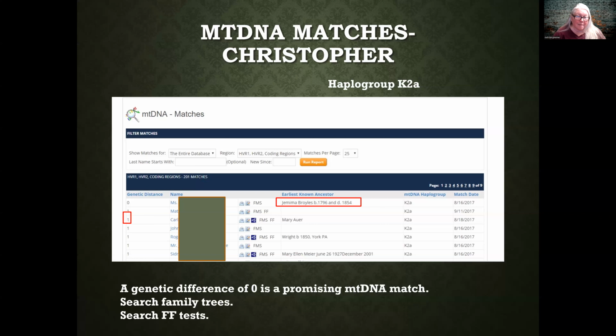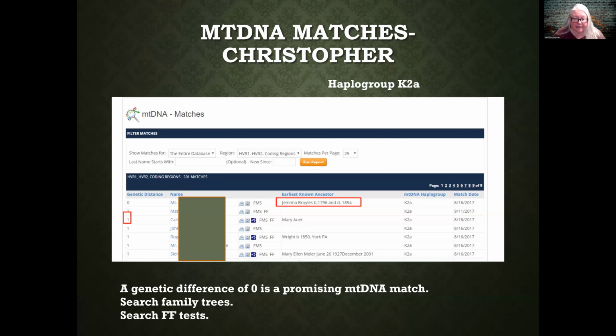And remember what I said about his family, very recent immigrants, so you're probably not going to see as many people in the database. You want to search family trees, you want to look at these matches, you want to look at the genetic distance of one, even though it could be a really long time ago where you have a common ancestor. But you want to definitely check them out.